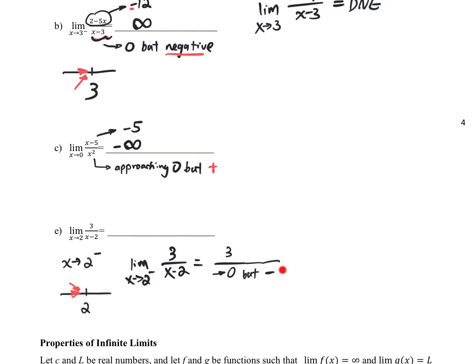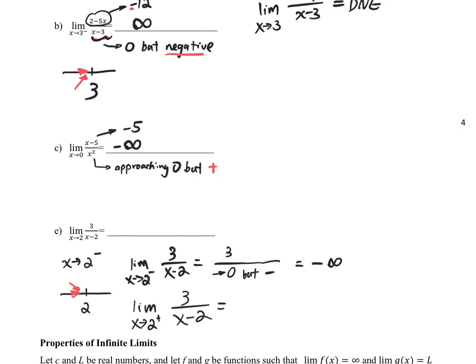I would not write this in my formal writing; this is just how I will explain it. So a positive number divided by a negative number, the result will be negative, and it will be negative infinity.